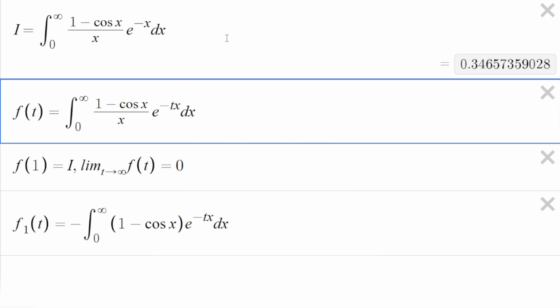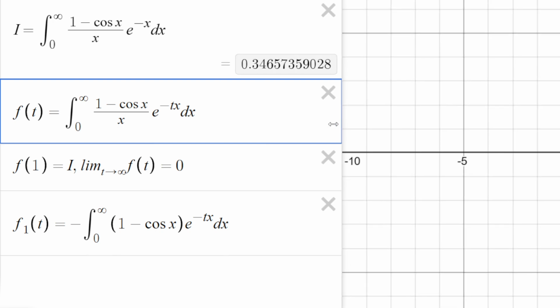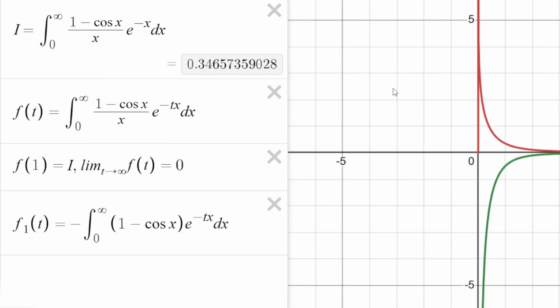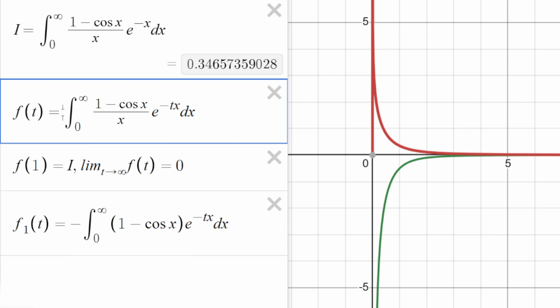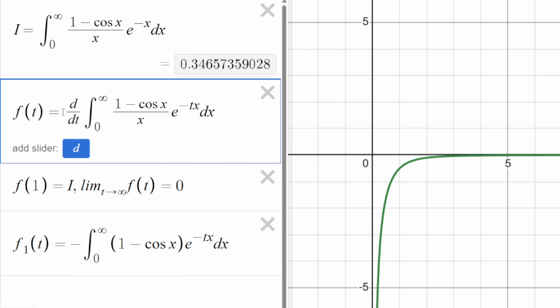All right, so let me bring this over so we can see what the graphs look like. As you can see, this green one is our derivative, and this is our original function. So I'm just going to put a d dt in front of that to make sure that it matches. So we should get overlapping graphs once this finishes calculating.